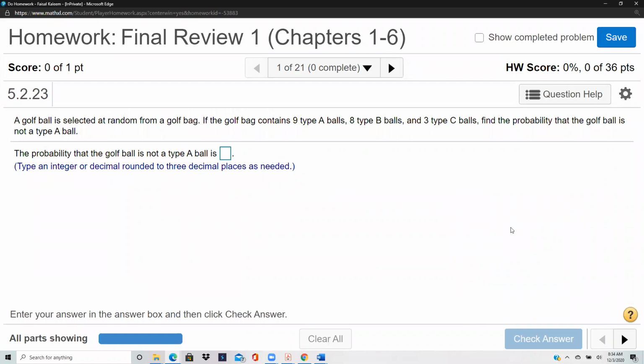A golf ball is selected at random if the bag contains 9 type A, 8 type B, 3 type C. Find the probability that the ball is not type A. So how will we start?